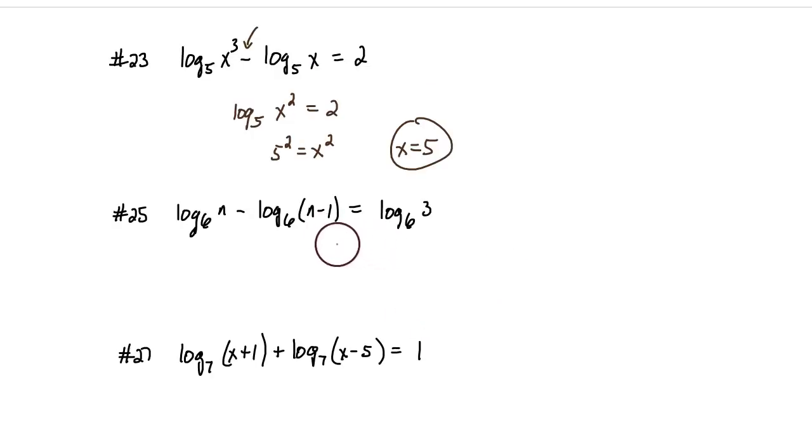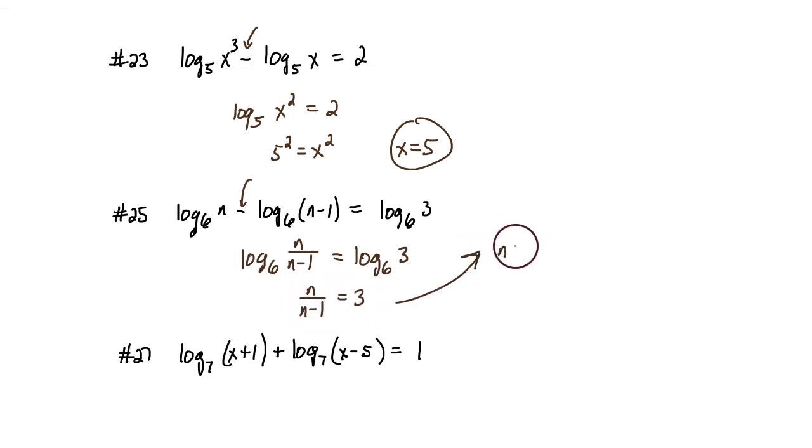Number 25, on the left side, let's condense to a single logarithm. When it has a subtraction, it condenses into a division, n divided by n minus 1. And that's equal to log base 6 of 3. In the next step, we can say that n over n minus 1 is equal to 3.